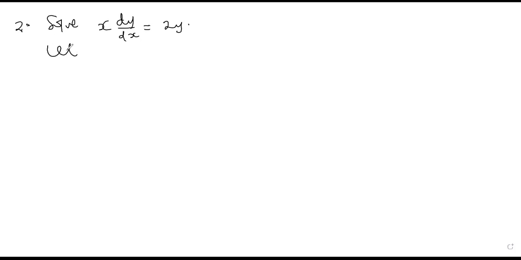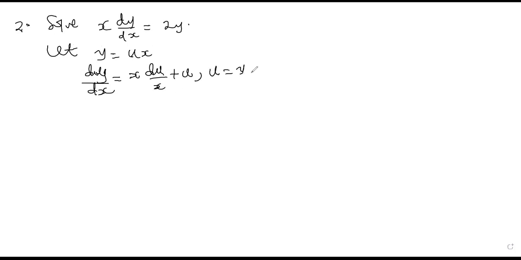I just say let y is equal to ux, implying that dy dx is equal to, you will use product rule. First hold the x constant, differentiate u, so du dx plus hold u, differentiate x, which is 1. So this is it.